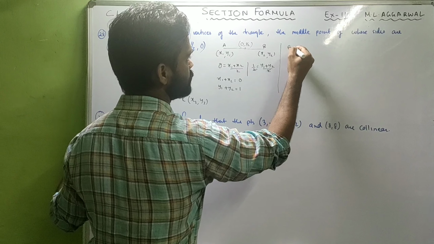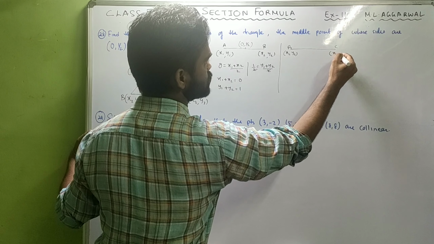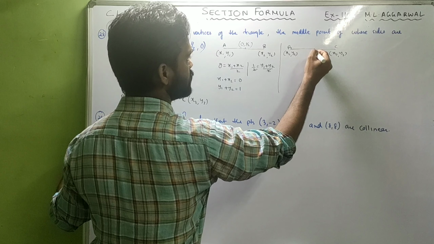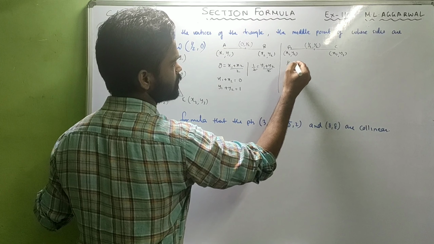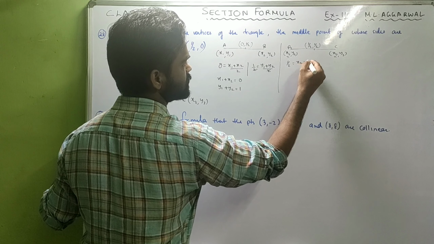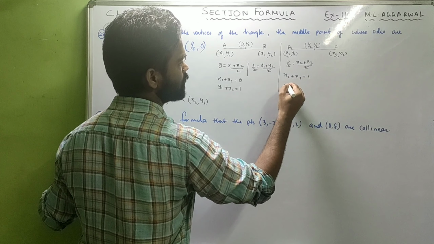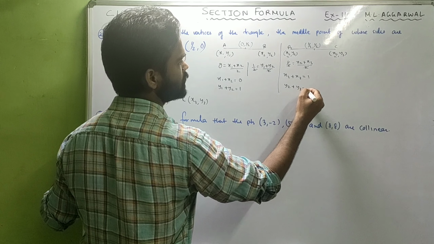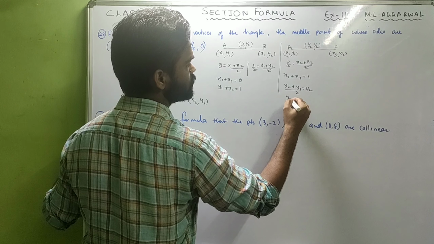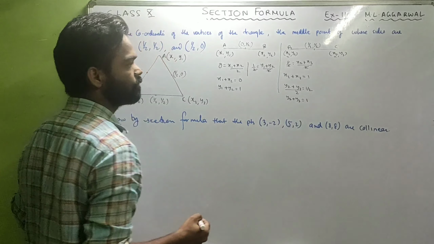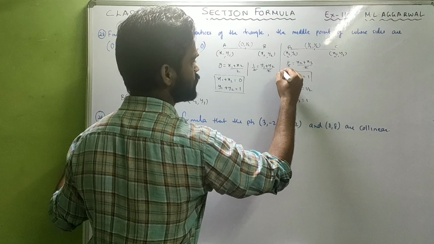B is x2 y2, C is x3 y3, and your midpoint is half comma half. So x2 plus x3 by 2 equals half, which means x2 plus x3 equals 1, and same way y2 plus y3 by 2 equals half, which means y2 plus y3 equals 1. So we got these two equations. We're getting equations.